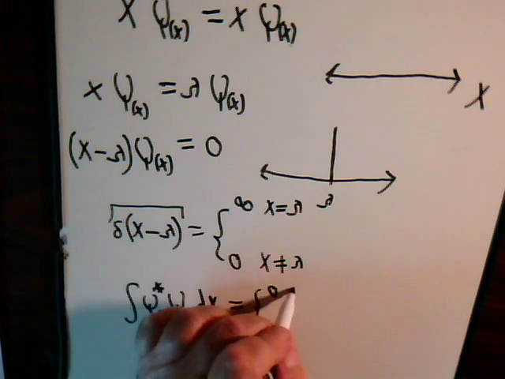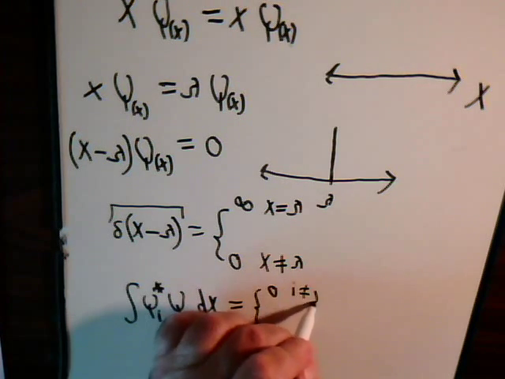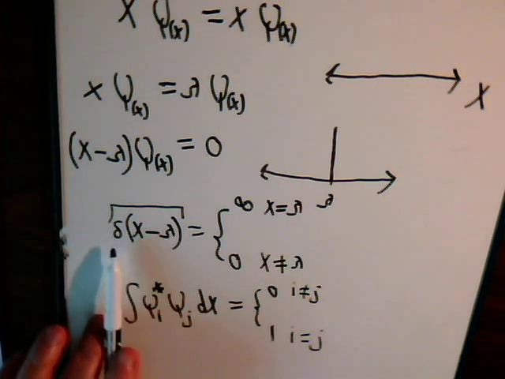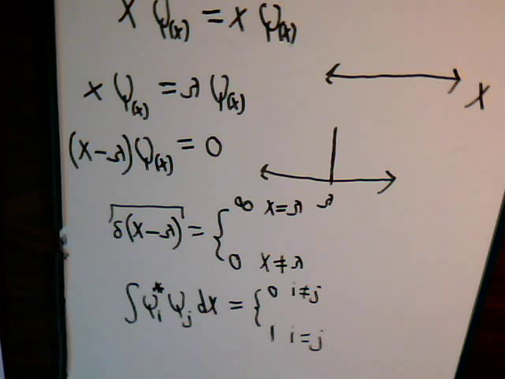It equals 0 when i does not equal j, and equals 1 when i equals j. Well, what would be the integral of this? Now we have to go back and talk about the Dirac delta function a little bit.